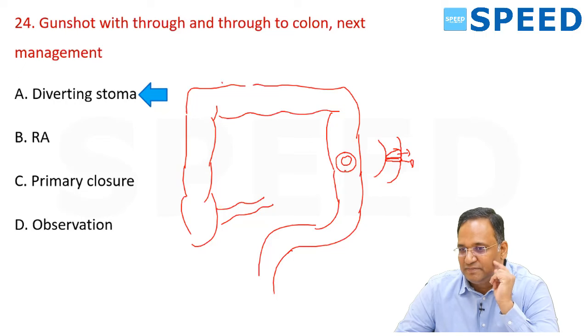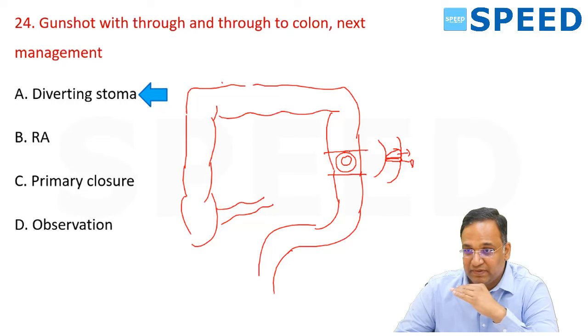In case you feel that it is extensively damaged, then this area you can remove like this. In case you are going through all the layers, both the anterior and the posterior wall, then you will bring the anterior end out as a proximal colostomy, and the distal end, either you can use a Hartmann's, or you can create a mucous fistula.